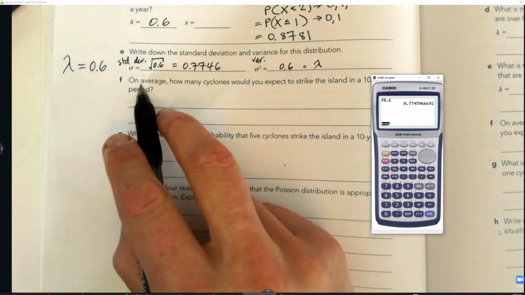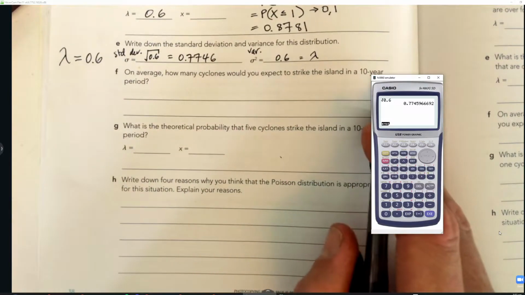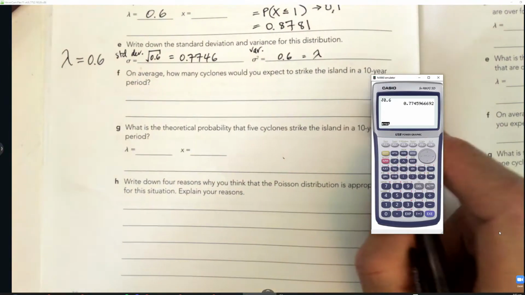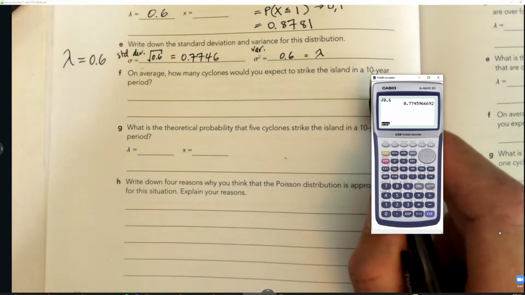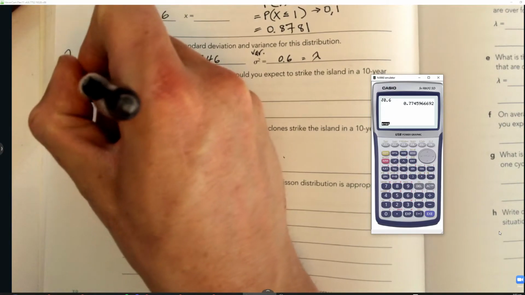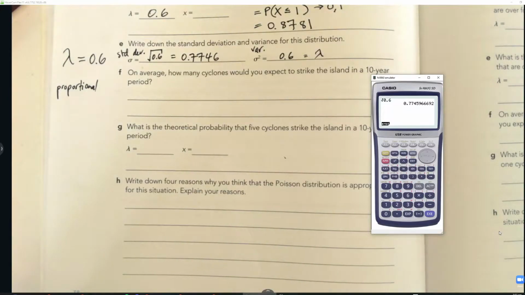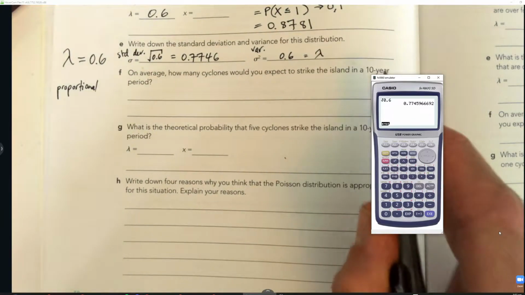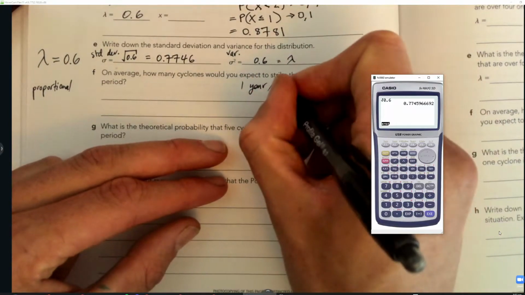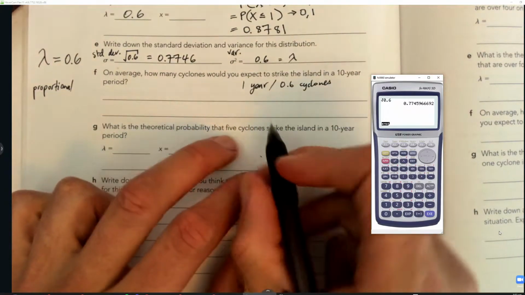Okay, on average, how many cyclones would you expect to strike the island in a 10-year period? Now, notice that they changed here. The thing about Poisson is it's proportional. If you increase the rate at which you're looking at it, it increases proportionally. We were looking at 1 year, and if 1 year gets us 0.6 cyclones, we can just amp that up proportionally.